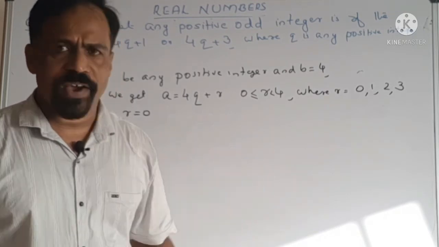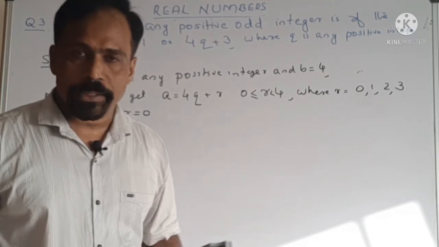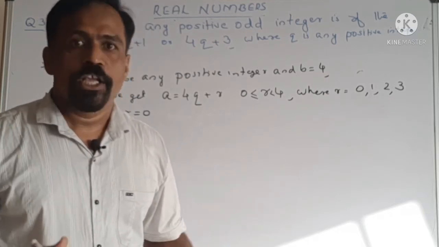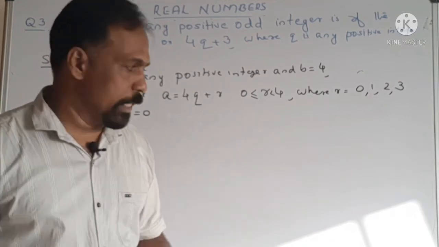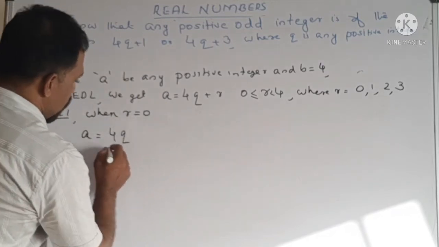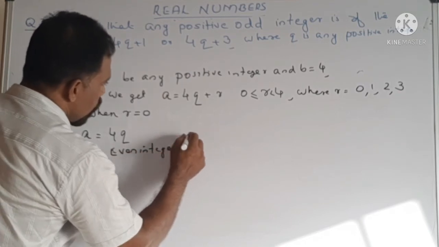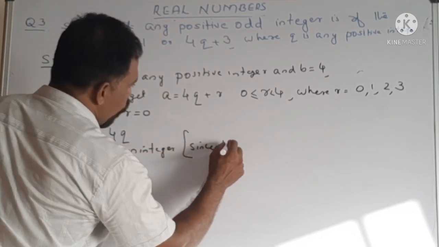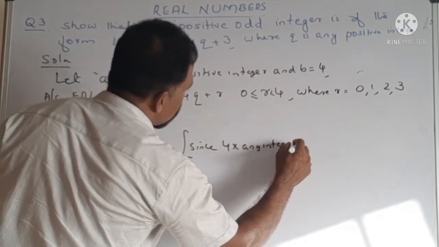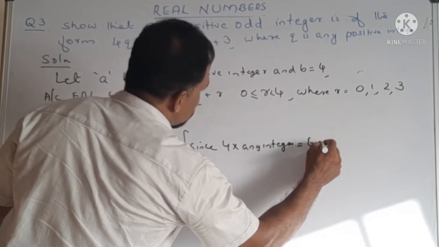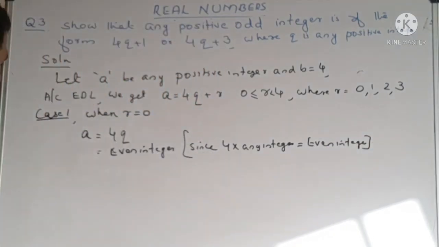Take 5 fours are 20, 9 fours are 36. If you multiply any positive integer with 4, you will always get an even integer. So this is an even integer. Reason: since 4 into any integer will always be an even integer. That is the reason.